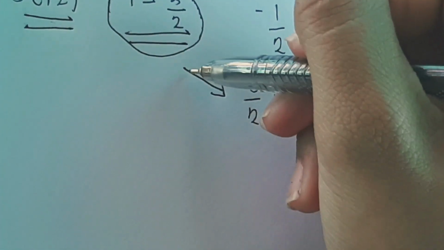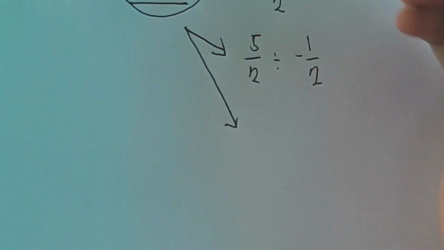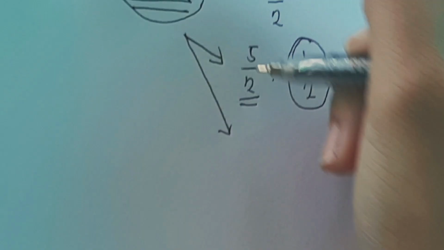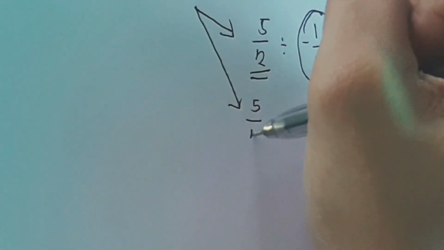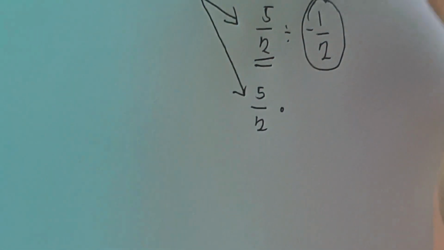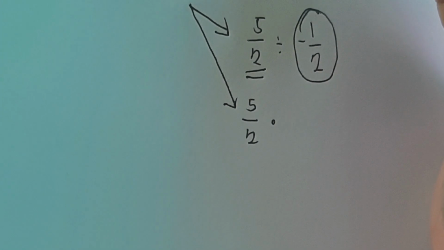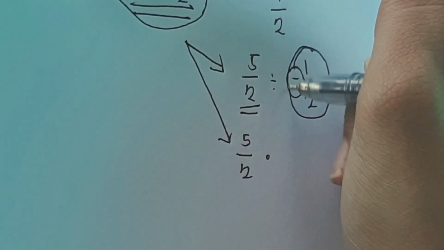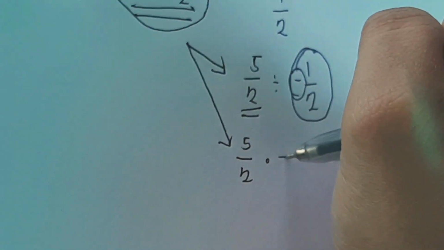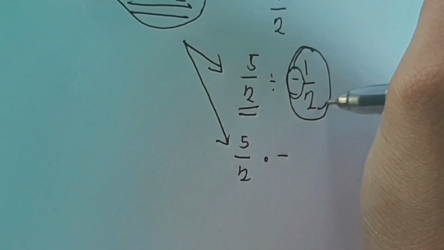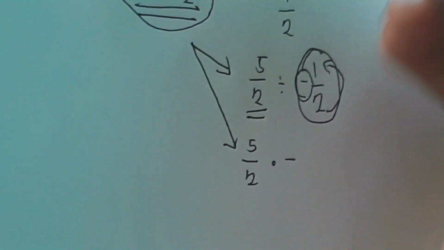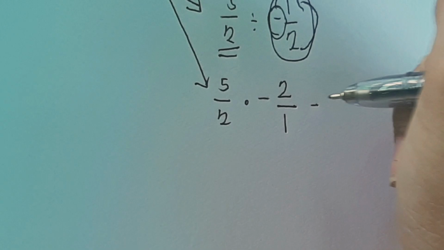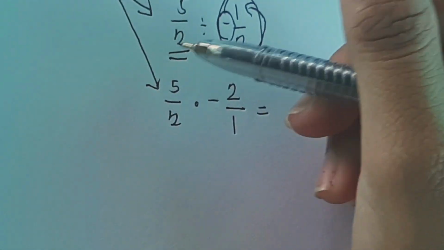To answer that, we're going to reciprocate this one and just copy this one. 5 over 2 times, we're going to change the operation also, but you're gonna copy this sign. So negative, this 2 will go in our numerator, so it will be like this: 2 over 1.